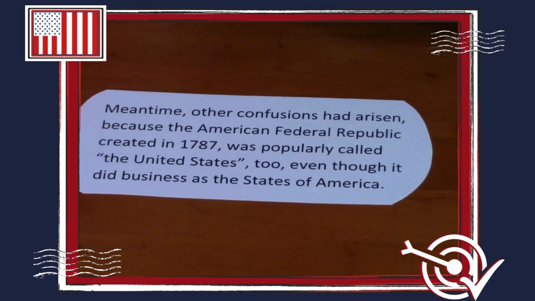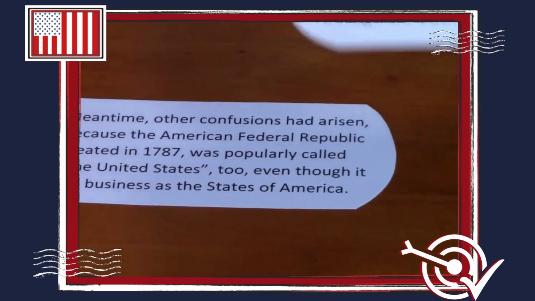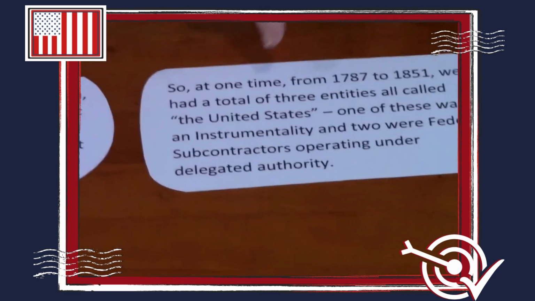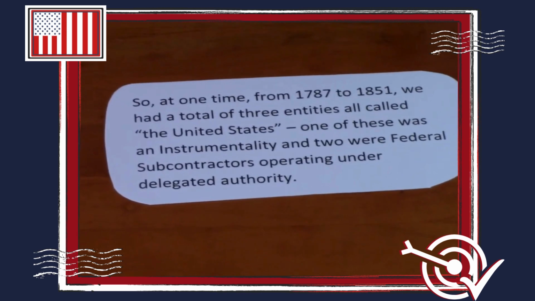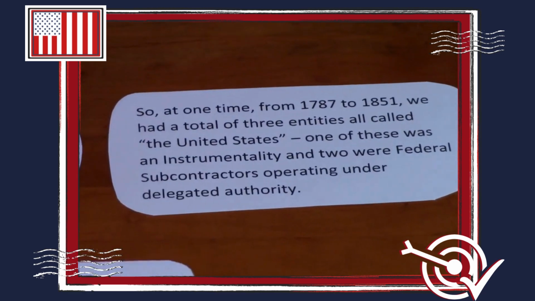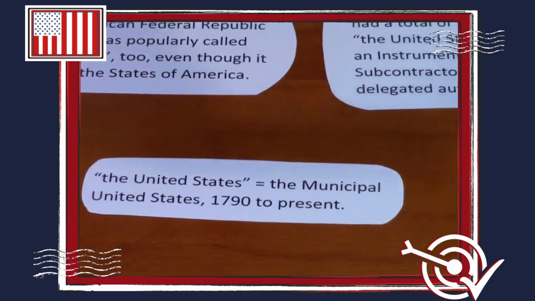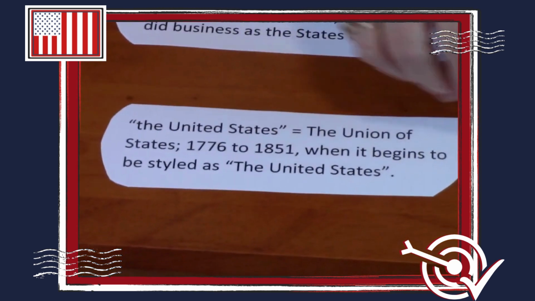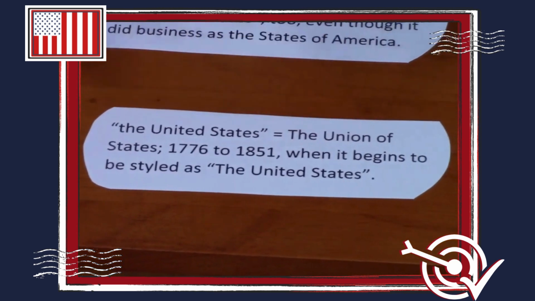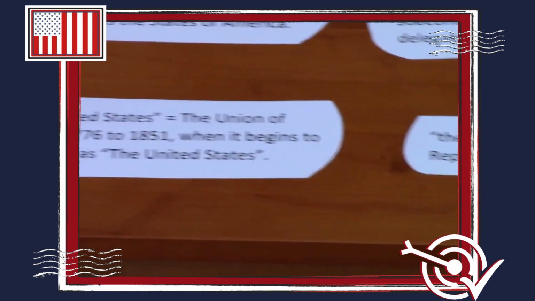So at one time, from 1787 to 1851, we had a total of 3 entities calling themselves the United States, and they were all using the same style of name. How's that for a mind-boggling confusion?